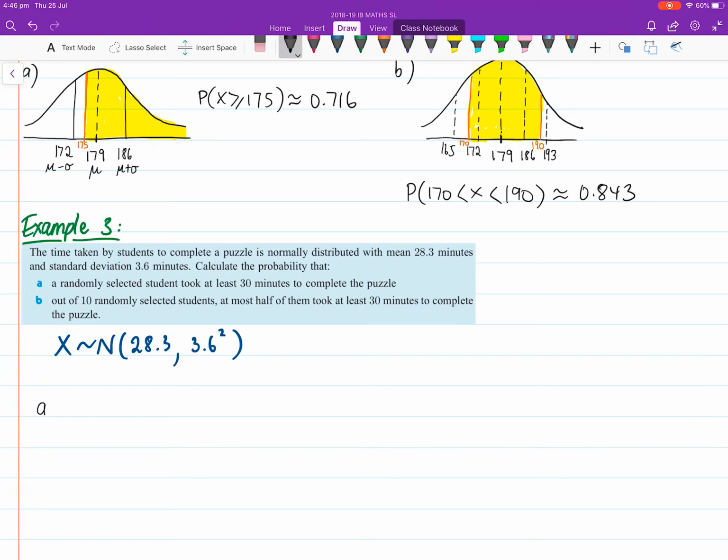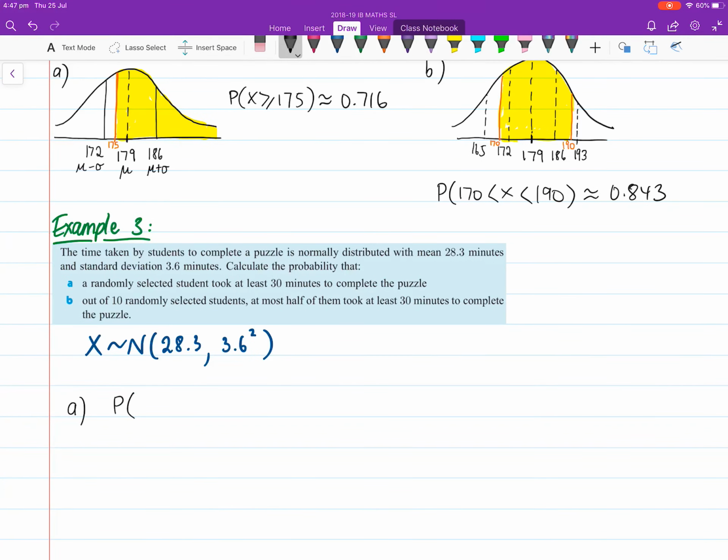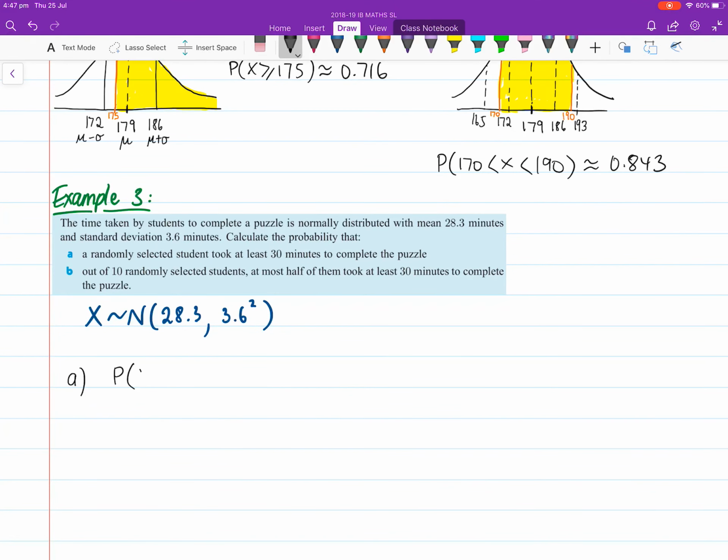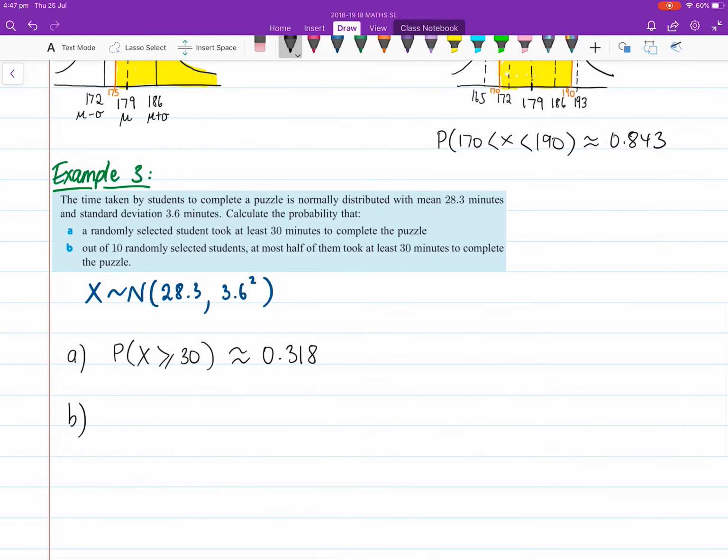You can just plug it in, and to get the probability of a student taking at least 30 minutes, that means x has to be greater than or equal to 30. Okay, put that in the calculator, and hopefully you get approximately 0.318.